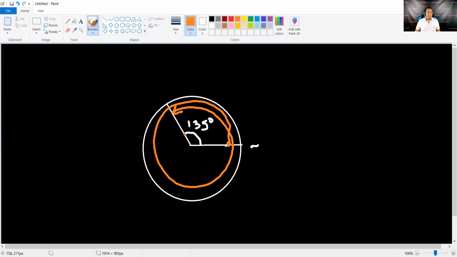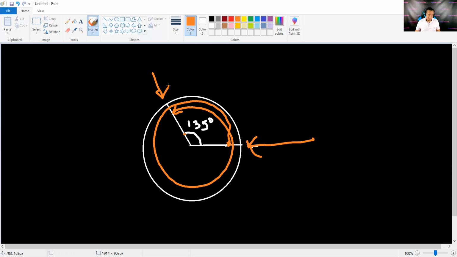Coterminal means that you end up at the same spot, but you also start at the same spot. So we both started at this line right there. The white and the orange angle started at the same line, and then they ended up at the same line.